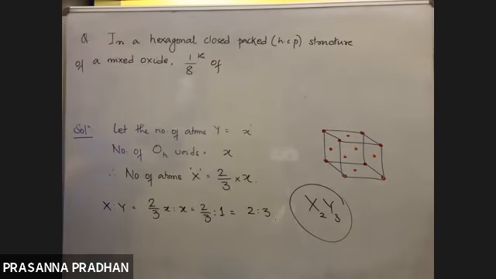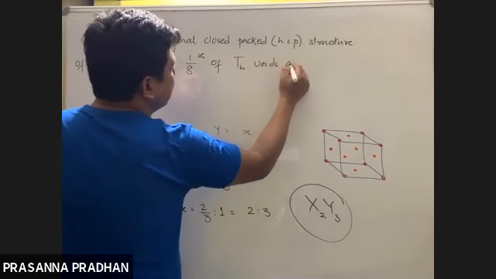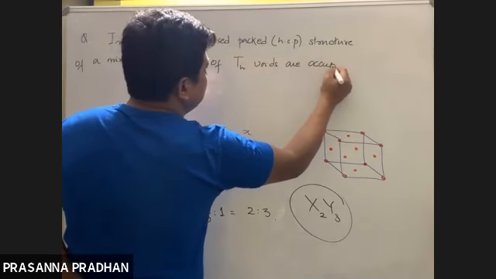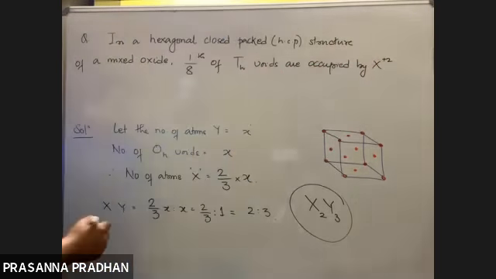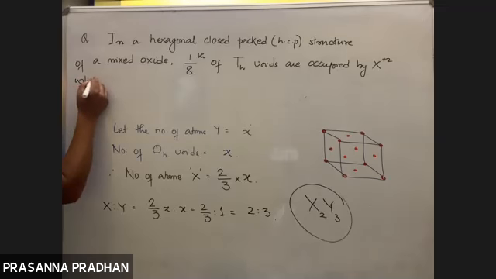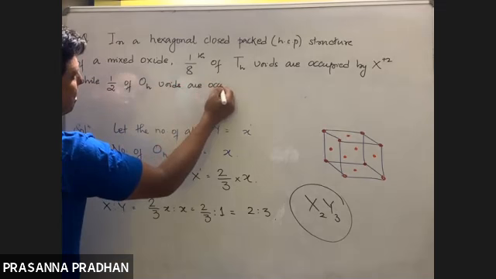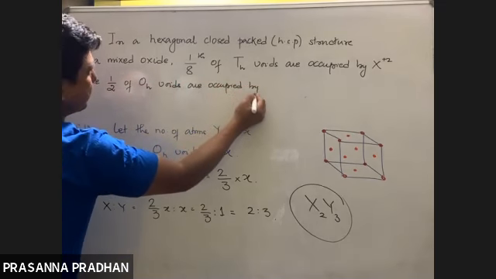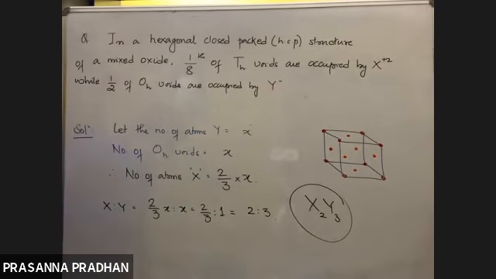So 1/8 of tetrahedral voids are occupied by X dipositive ions, while 1/2 of octahedral voids are occupied by Y tripositive ions.